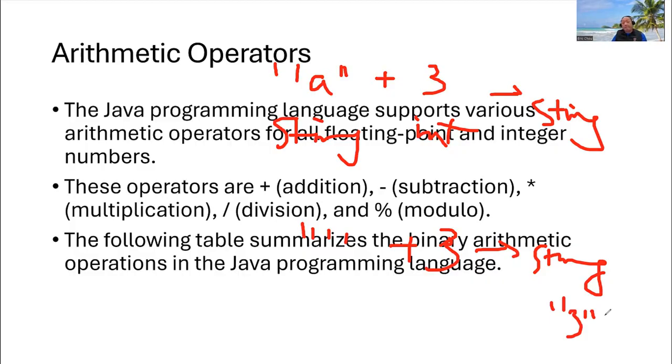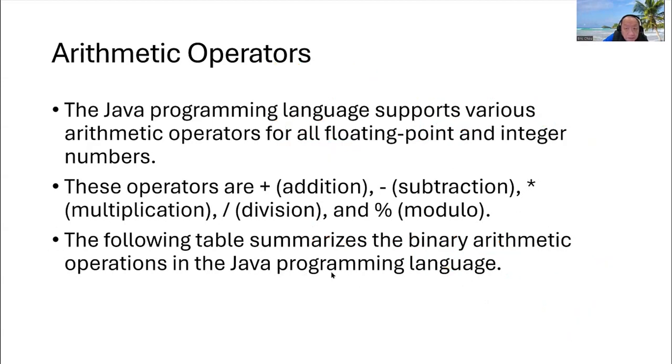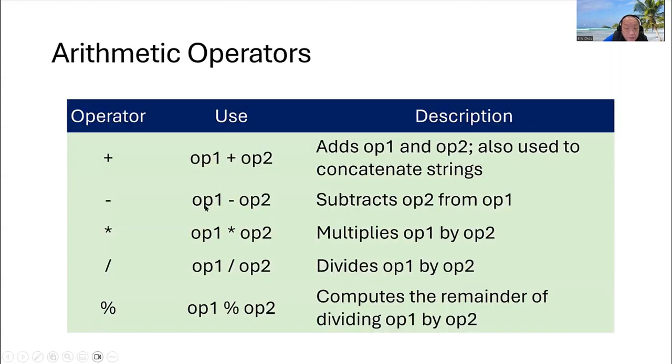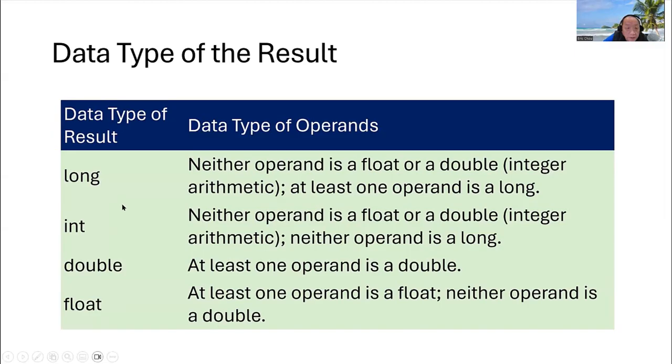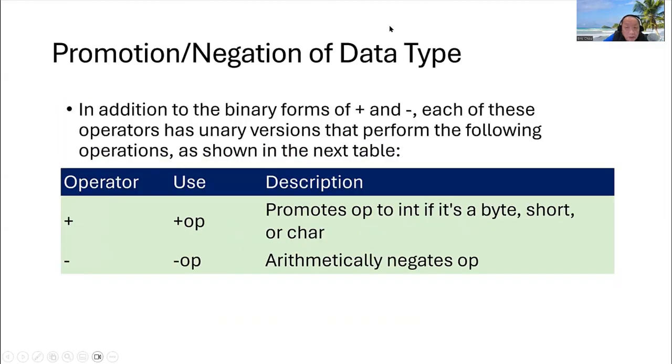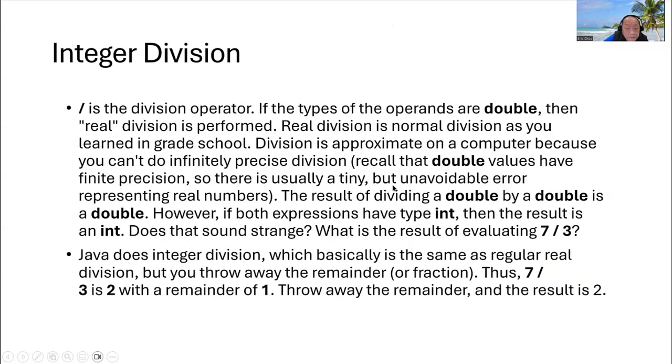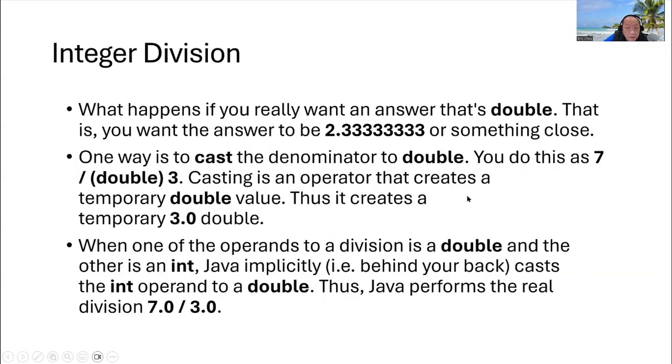Is that okay? But this doesn't happen in Python. Python doesn't have this. So these are different operators. Floating point, okay. Positive, negative sign, I think it's okay. Integer division, we talked about it already.